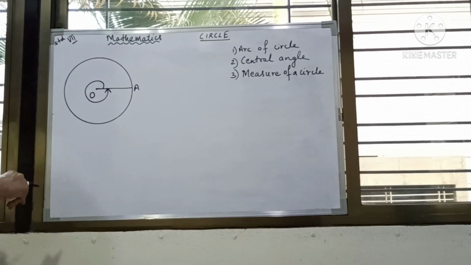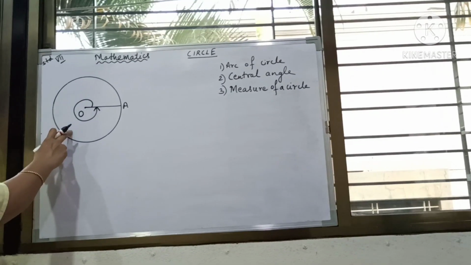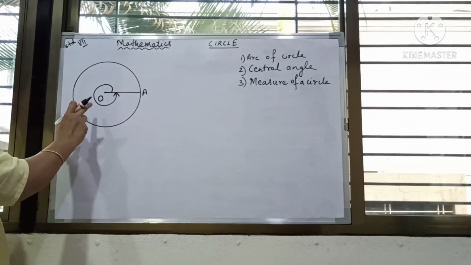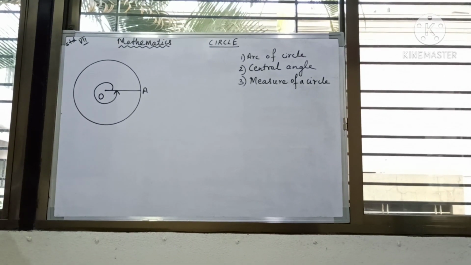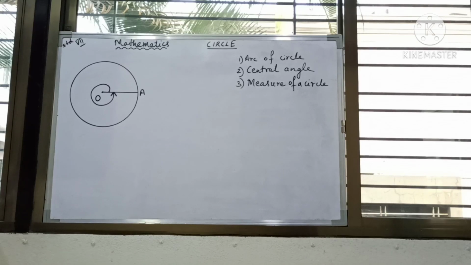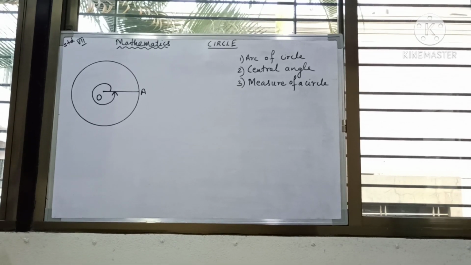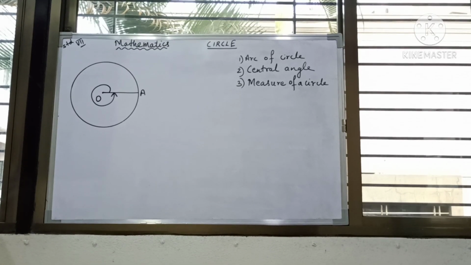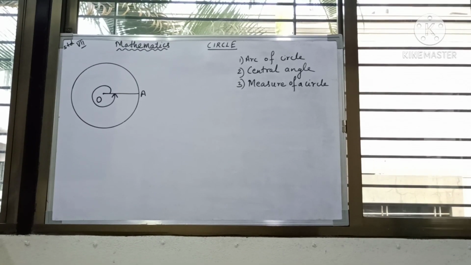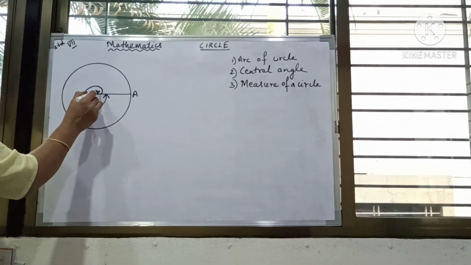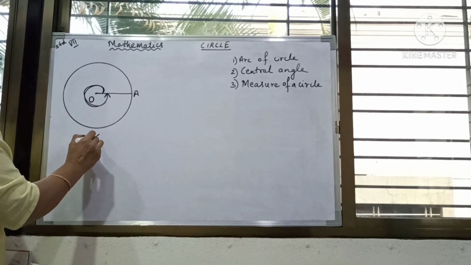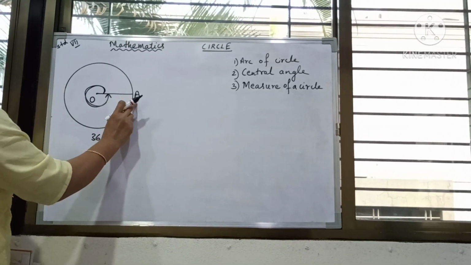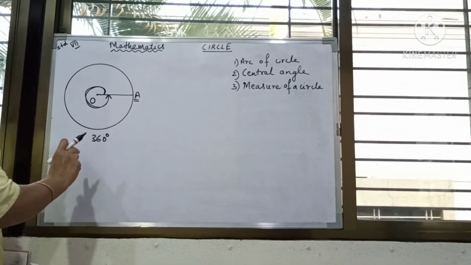Now we will move to the next point, measure of the circle. Here OA is the radius of the circle. When the radius OA of the circle turns anti-clockwise through a complete angle, it turns through an angle of 360 degrees. At A, it completes one circle. Now this total angle is 360 degrees, and when this radius comes back to point A, the circle is completed.